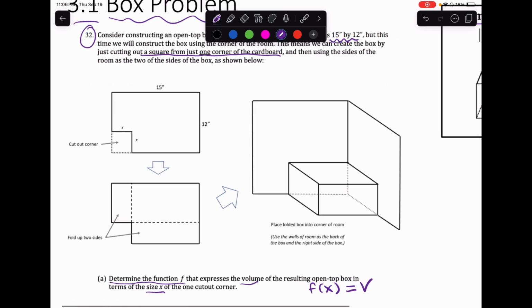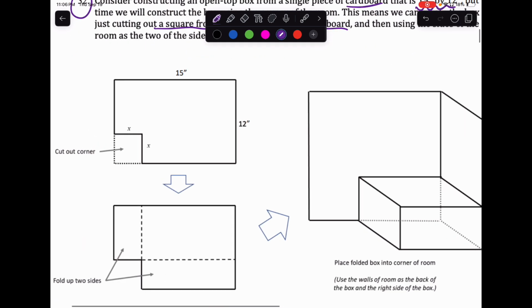When we look at this piece of paper, we know the length is 15 inches. We want to find the length of the paper when we cut out x inches from the side. That's just going to be 15 minus x, because we're only cutting out one corner.